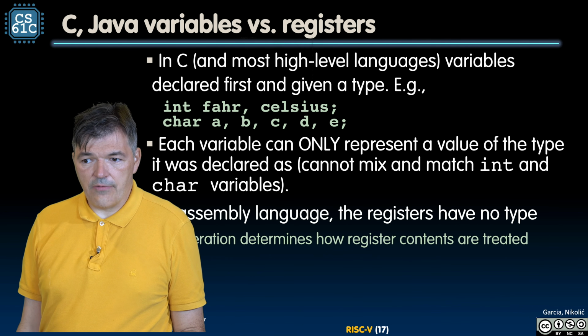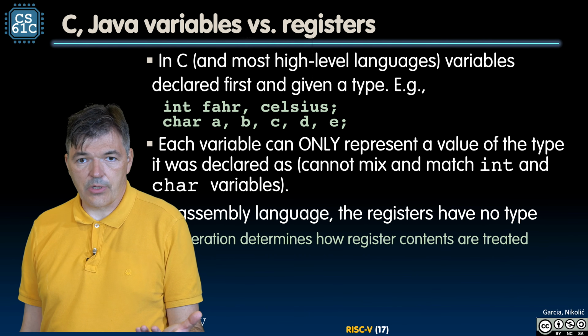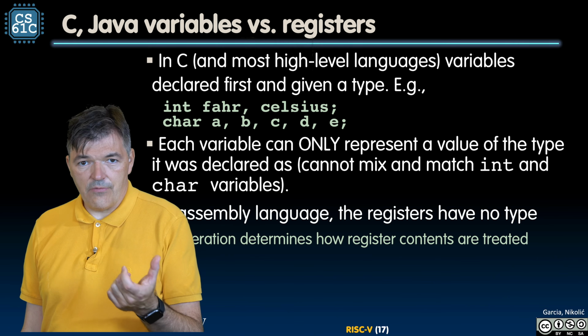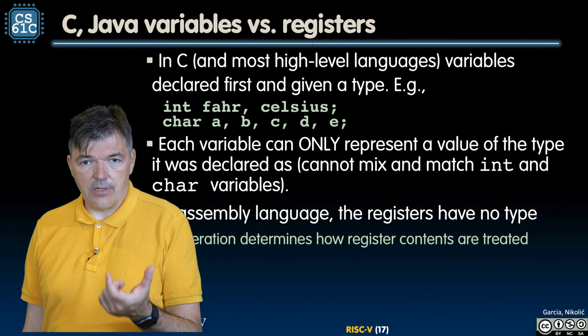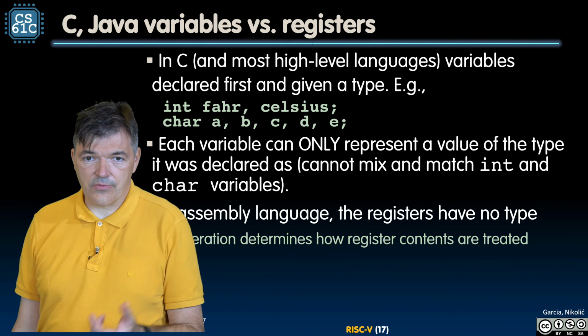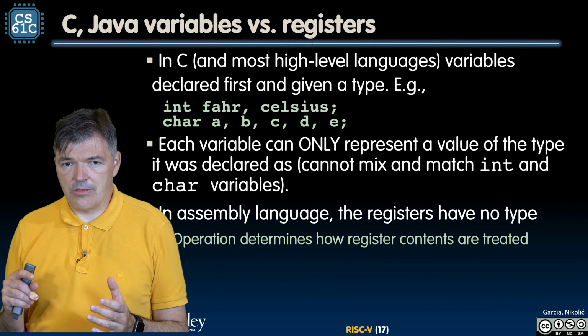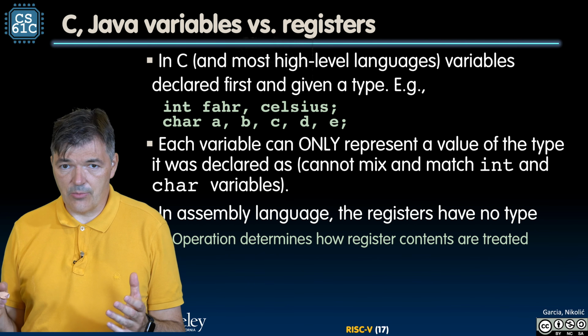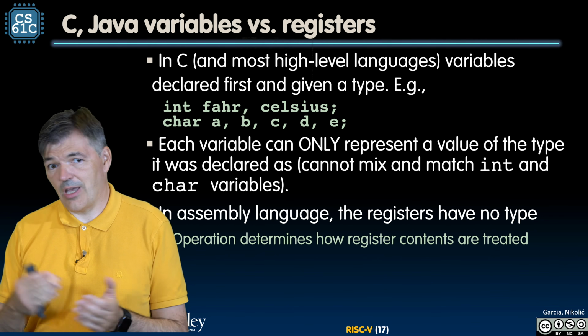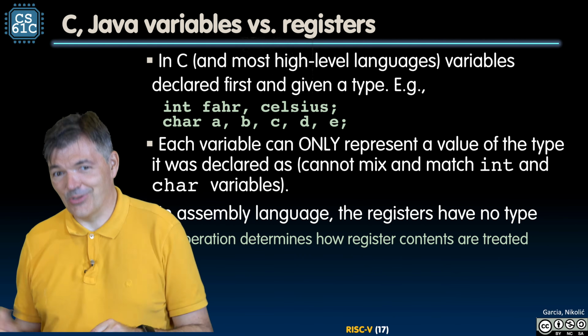A few other differences between variables and registers. In C and other higher level programming languages, variables need to be declared first and given a type. We would like to distinguish integers from characters because it's important that somebody warns us if we try to add integers and characters, so we make sure that's actually what we want to do.